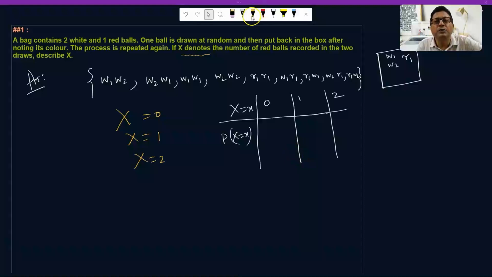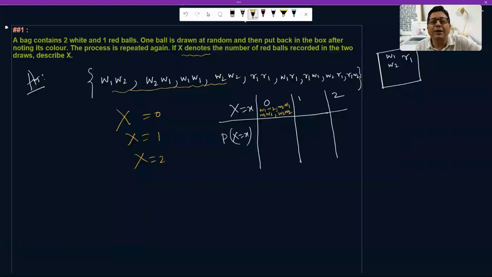No red ball, so it includes these 4 events. So it will be W1 W2, W2 W1, W1 W1, W2 W2.